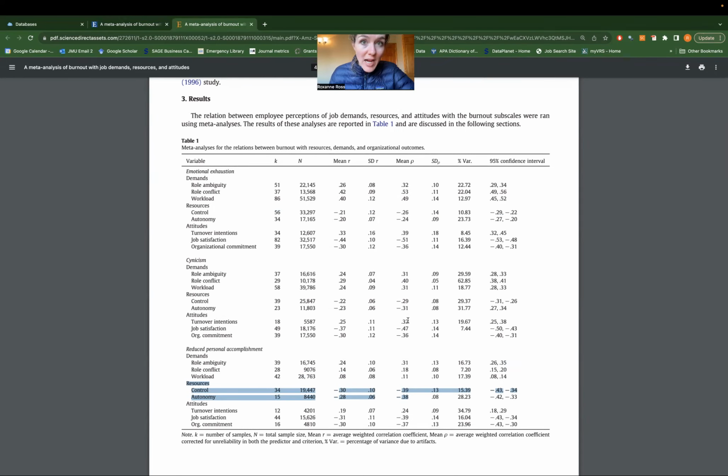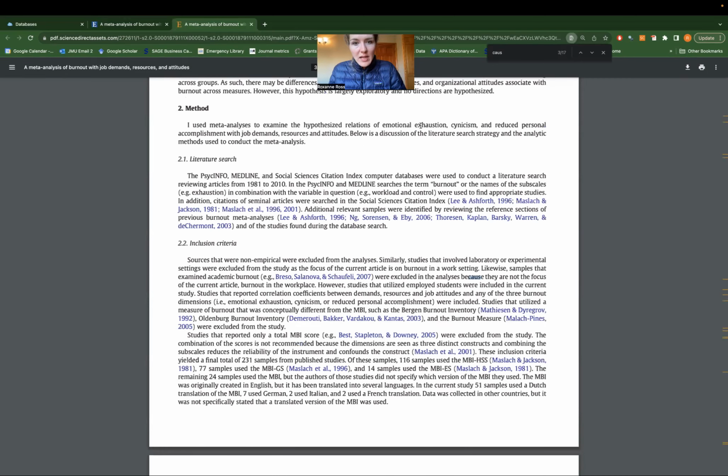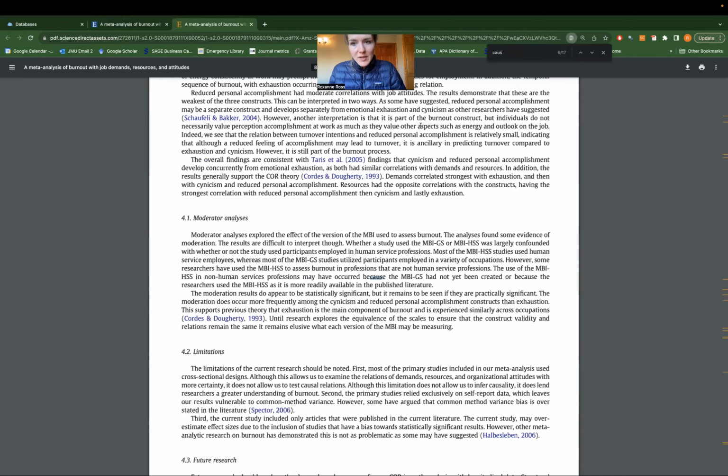Sometimes they explain whether or not there was the ability to detect causality, and most of the time there isn't. So you can kind of control search, here we go, for cause, and it says limitations. Most of the primary studies included are of cross-sectional design, and this does not allow us to test causal relations. So they addressed that limitation right here.